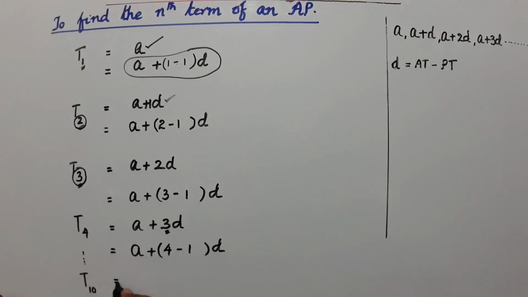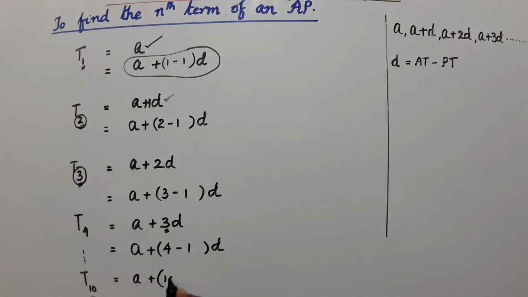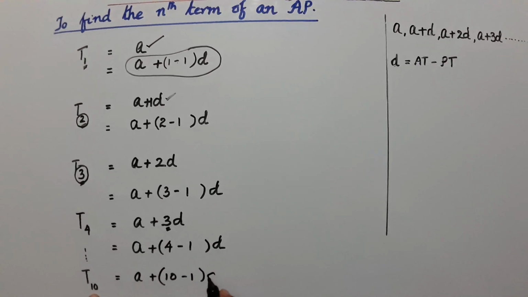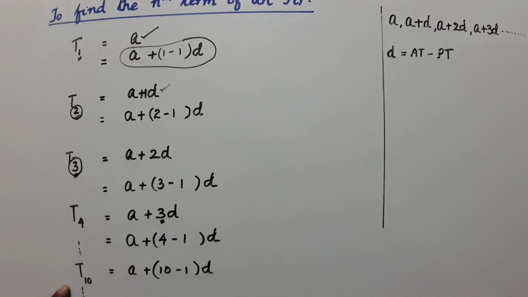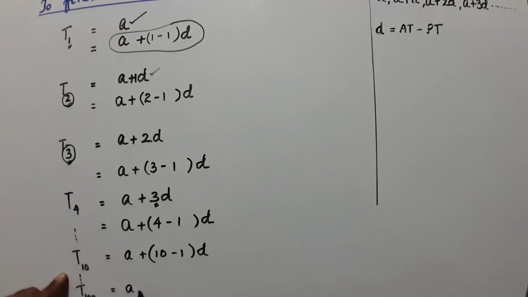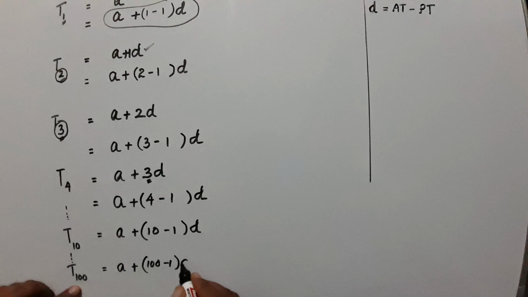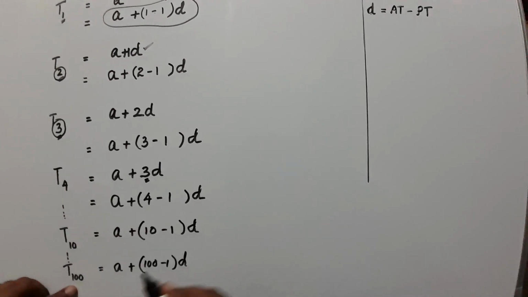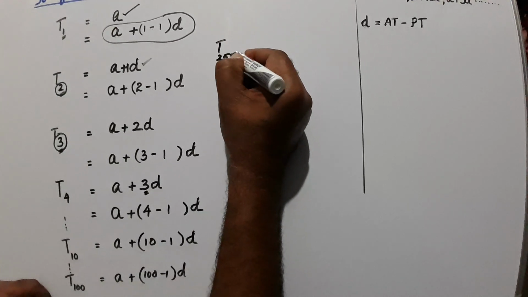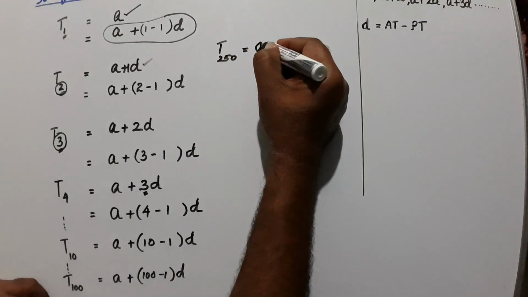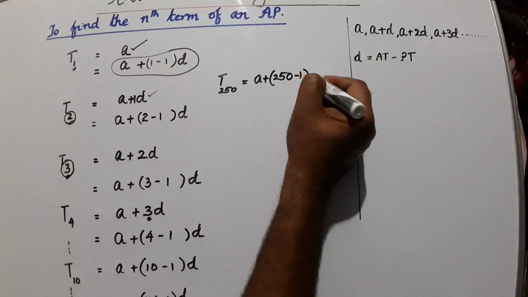The 10th term is equal to a plus, from 10 I will subtract 1, into d. What will be the 100th term? The 100th term is a plus, from 100 I will subtract 1, into d. What will be the 250th term? 250th term will be a plus 250 minus 1 into d.